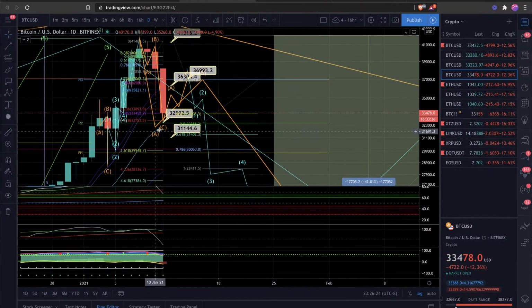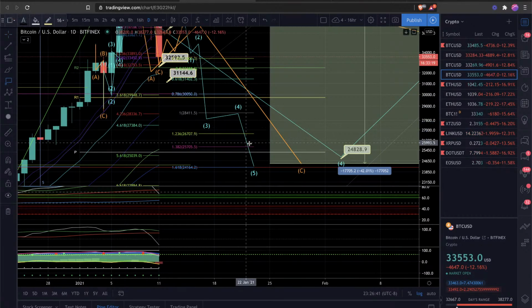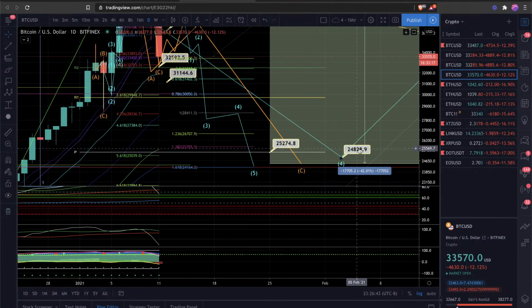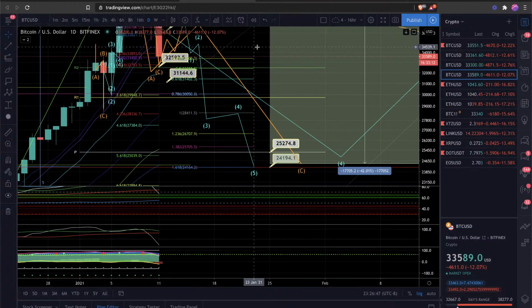We would just have to have an extended C wave come down. But pretty much with where we're at, it looks like that would be a pretty decent place to actually have a bounce from. It actually puts us right underneath that pivot point too, so maybe a wick through that pivot. So let's go ahead, we'll put price label on that guy and that guy as well.